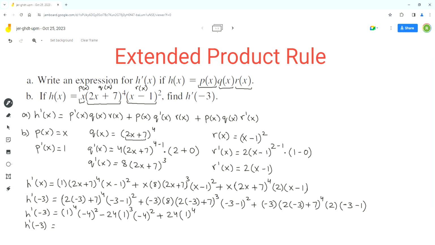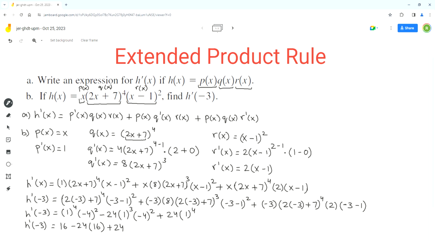And negative 4 squared is equal to positive 16. Now in the next part, 1 cubed is just 1, so it becomes negative 24 times negative 4 squared, which is positive 16. Now in the third part, 1 exponent 4 is just 1, so it will just be positive 24.